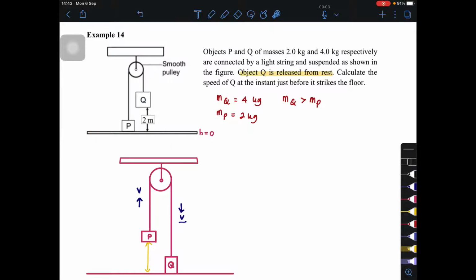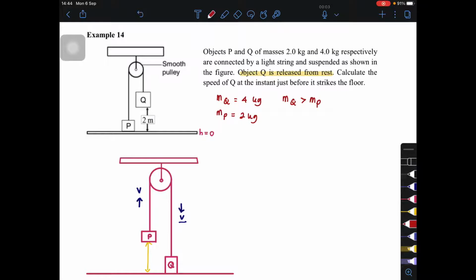So initially P and Q are in a situation where they are not moving. They just stay at rest. Because even though the question says object Q is released from rest, if Q is not moving, P will also not move, because they are both connected with a string. So if this is moving, this will also be moving.